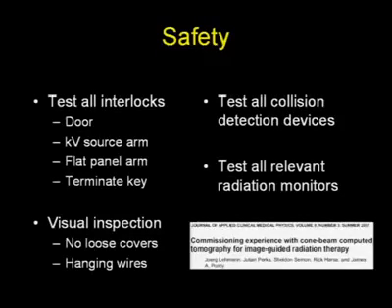It has been reported to me from a user that sometimes the robotic arms of a system can drift out of position and may collide, maybe due to some undesired manipulation, and may hit the couch in some way, shape, or form. So users would be well advised to test that these motion detectors are working on a daily basis before putting a patient on the couch.